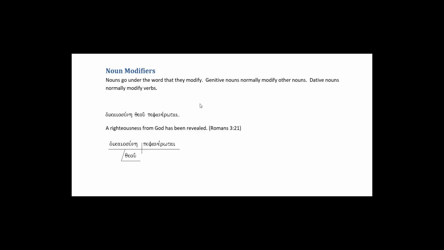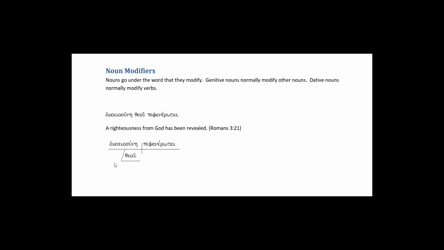In Greek, we often see noun modifiers, that is, nouns that modify other words. A righteousness from God has been revealed, dikaiosune theou pephanerotai. So the main idea is righteousness has been revealed, so subject verb, and then the word theou modifies righteousness.